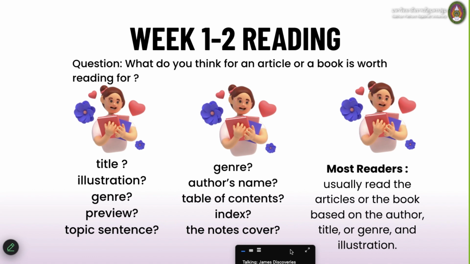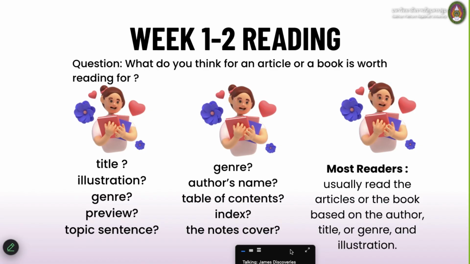Is it the title, the illustration, the genre, the preview, the topic sentence, author's name, table of contents, index, the notes on the cover? What is it? Most readers usually read the articles or the book based on the author, the title, or the genre and illustration.